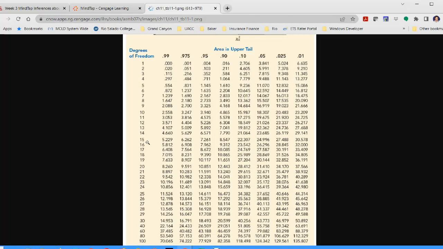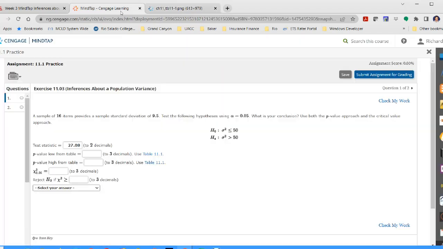Under 15 degrees of freedom, 27.08 falls between these two values. So it's somewhere between 0.05 and 0.025. So the low end is 0.025 and the high end is 0.05.